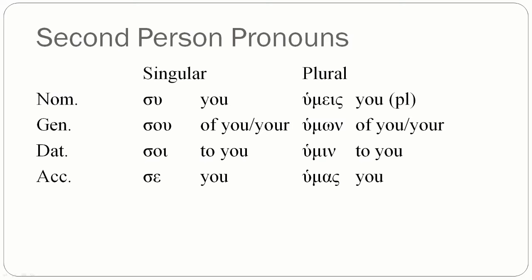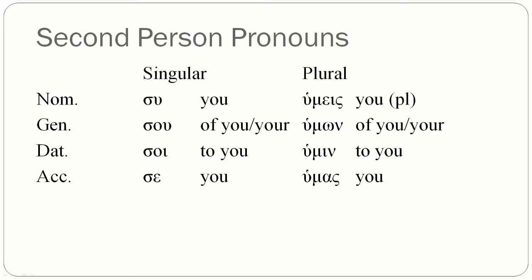But the book gives that to you, and maybe it will help someone. So again, you just take the last letter of the English definition, and that gives you the first letter of the name in Greek. We ends in an E, which gives you eta. You ends in a U, which gives you upsilon.